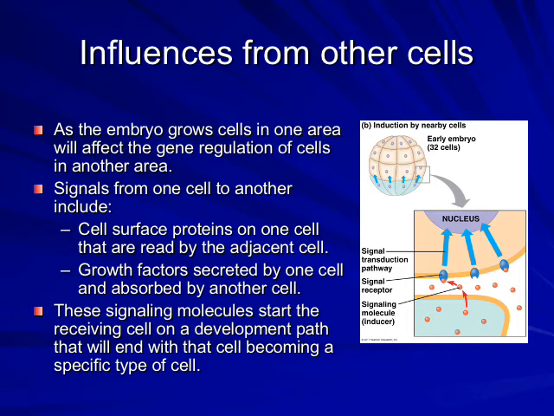So these signaling molecules start the receiving cell on a development path that will end with that cell becoming a specific type of cell. So again, with the plasma membrane and with those proteins that are bound in the plasma membrane, there's all sorts of cell signaling that's going on between the cells during this process.